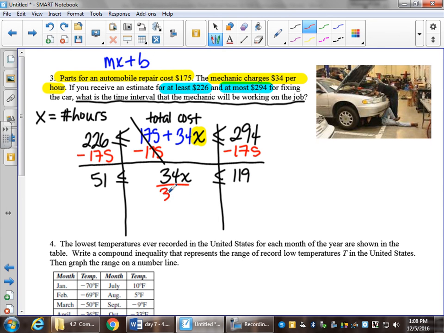My final step will be to divide everything by 34. If I divide the middle, I got to divide the sides. And we get x greater than or equal to 1.5, less than or equal to 3.5.